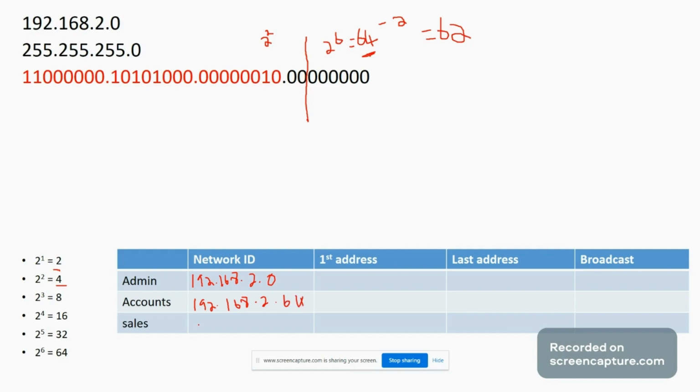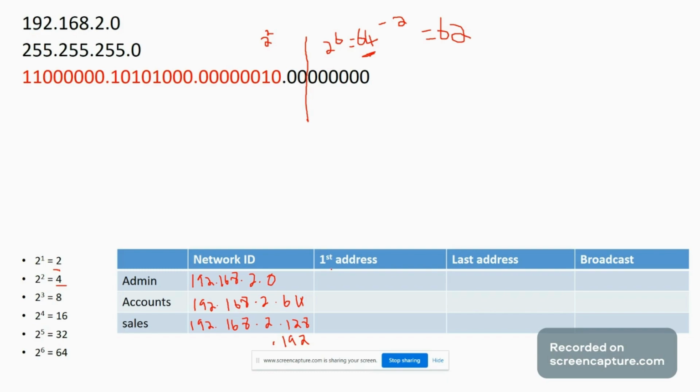And then a block size of 64 again, 192.168.2.128. And again, if we want to know the next subnet, it will be .192, which is 128 plus 64. So we got our network IDs.